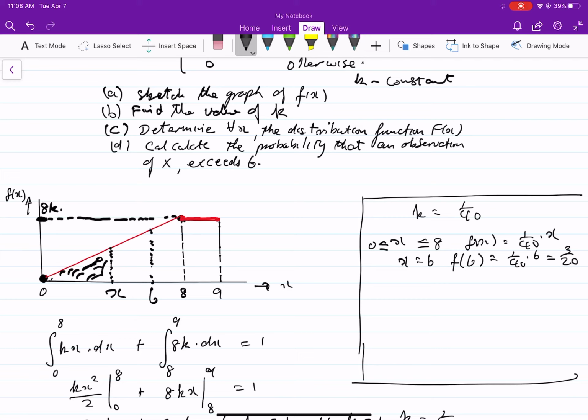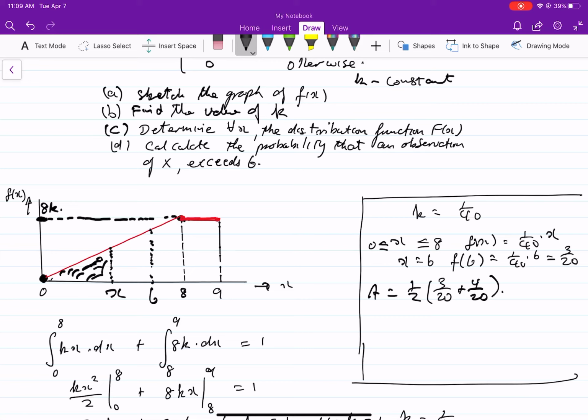Good. So for the trapezium part, that area is equal to half the sum of the parallel sides. That's the 3/20. The other side is 8k, which is 8 times 1 over 40, or 8 over 40, or 4 over 20. And leave it in terms of 20ths.